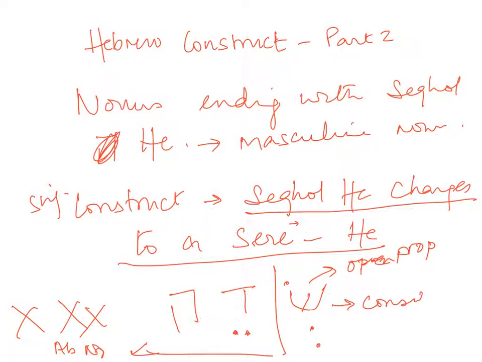But there'll be no changes to this sere he, although it is ending with a he, so it's an open unaccented syllable. All right, so that will be a sere he. It will be ending on that.